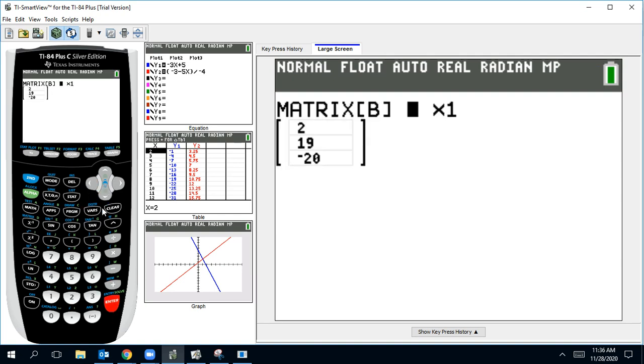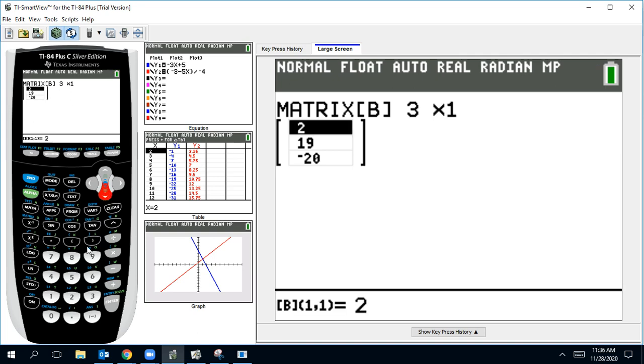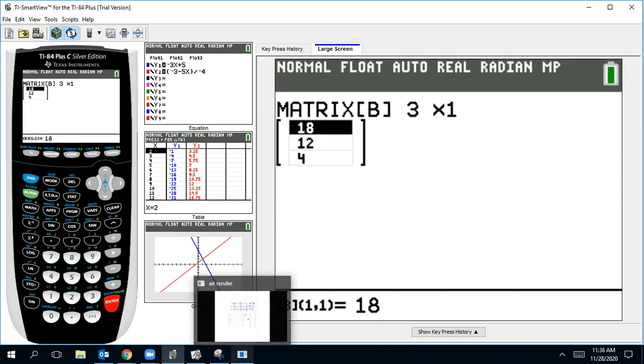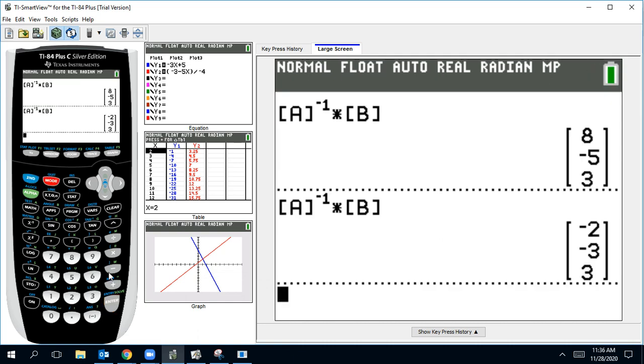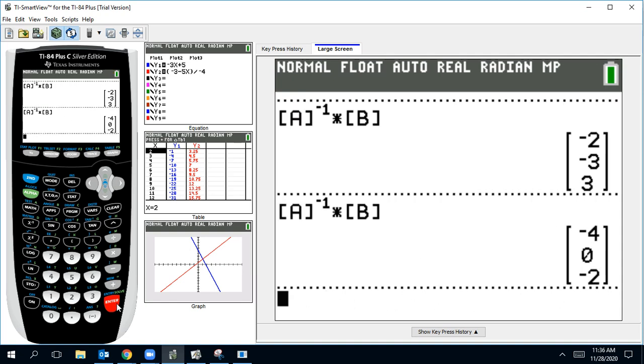We have 18. So it's a 3x1. We want 18, 12, and 4. And then we go to the main screen and we can just hit enter because we just did this, A to the -1 times B, and we get -4, 0, and 2.